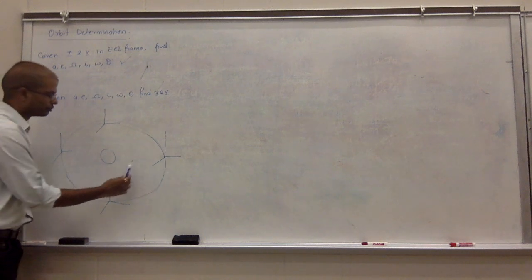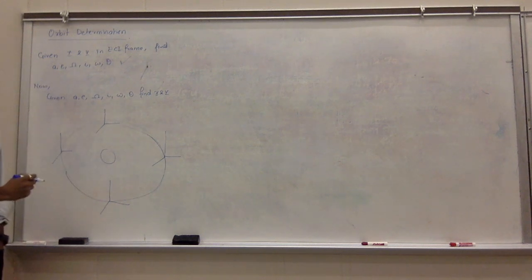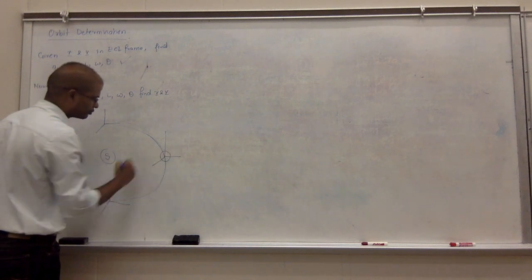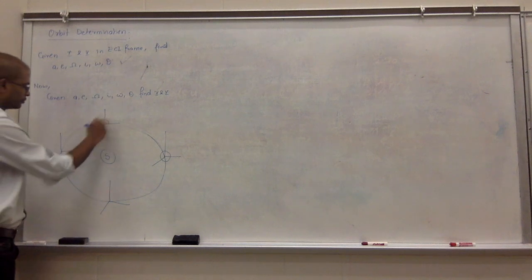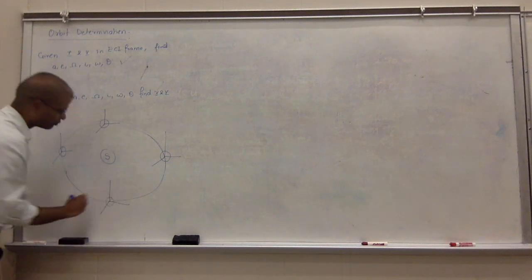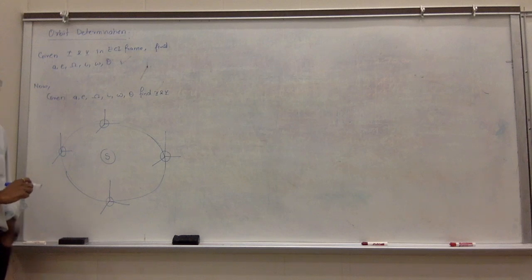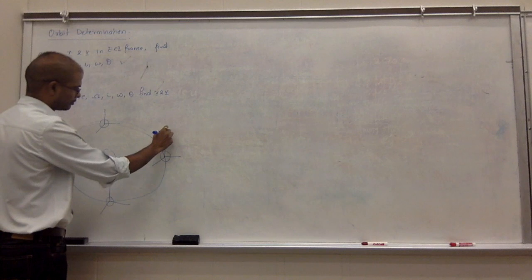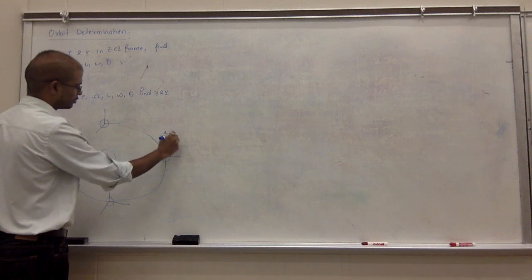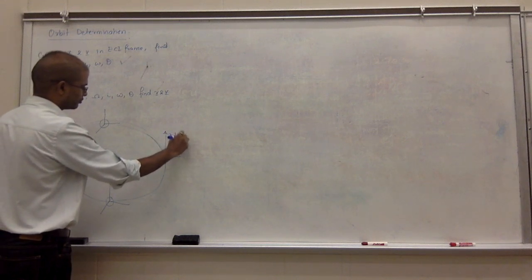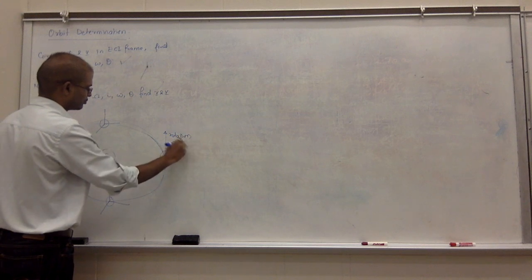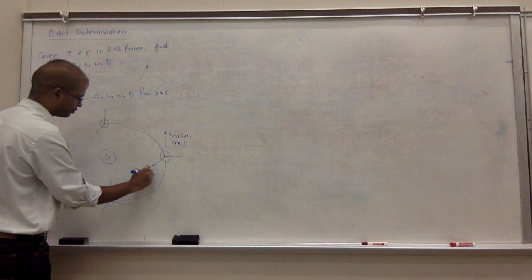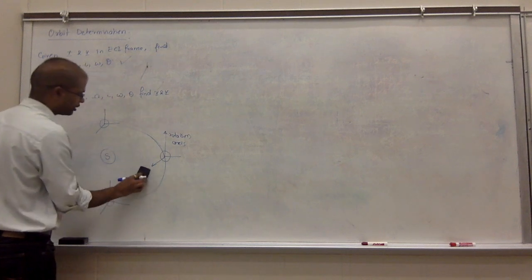See, Earth is rotating while it's revolving around the Sun. Here you have Earth, this frame, the axis of rotation, and this is the vernal equinox, the Aries direction.